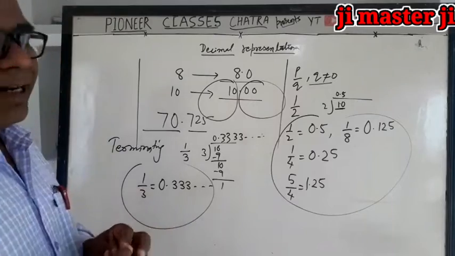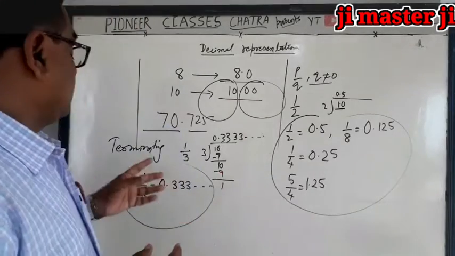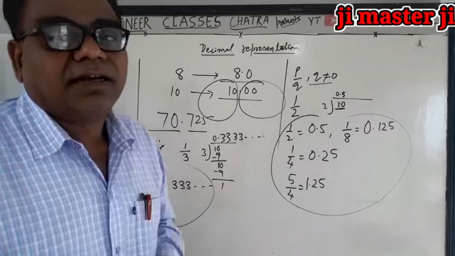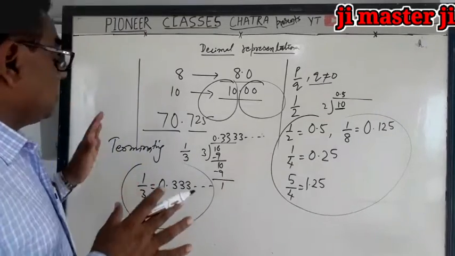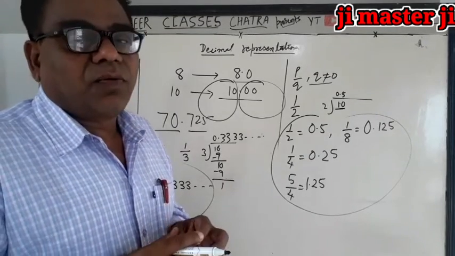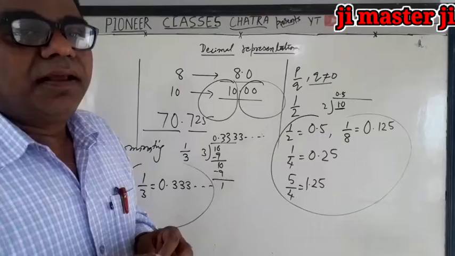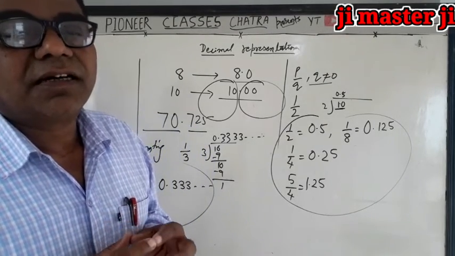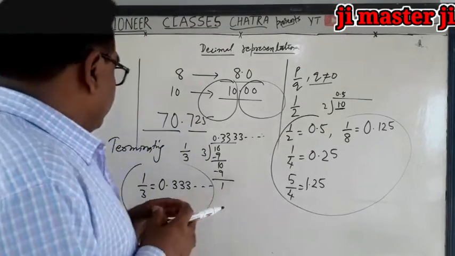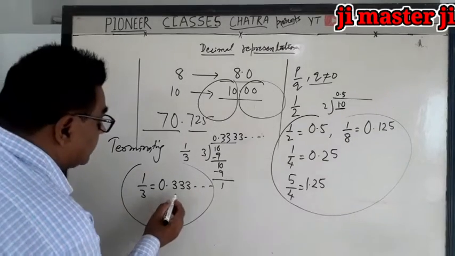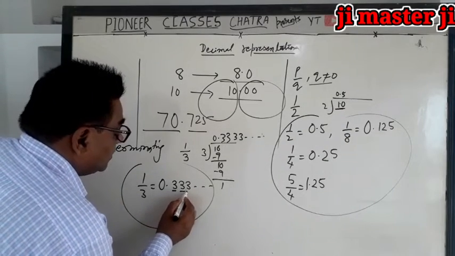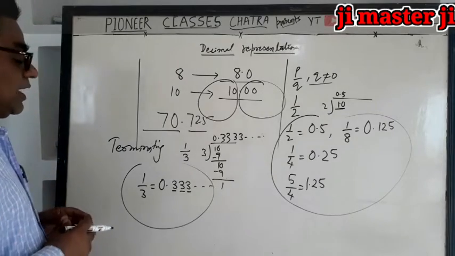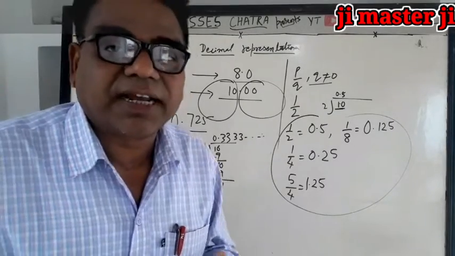So finally we find two types of decimal representation. The one is terminating and the other is non-terminating. So what happens if the decimal representation of a rational number is non-terminating? The digit 3 repeats again and again. So there is an existence of recurring.